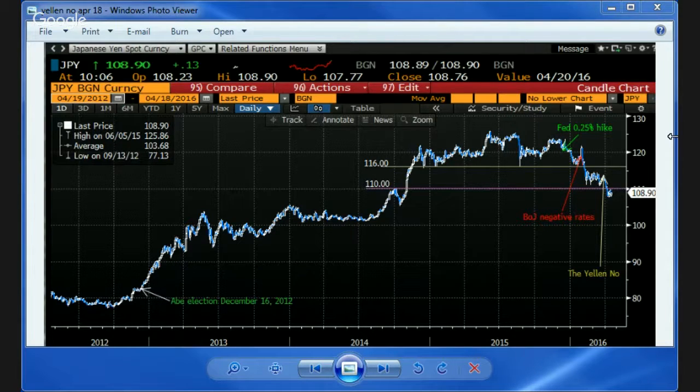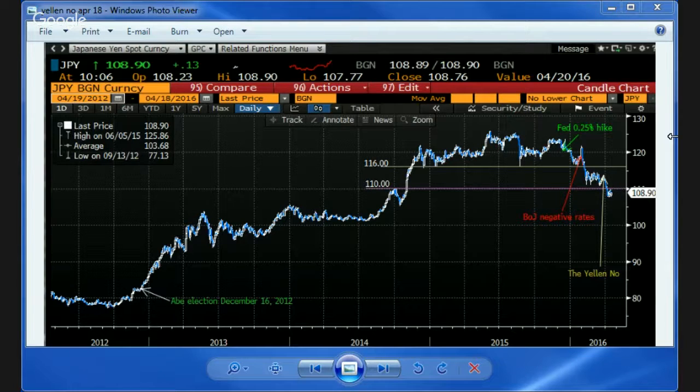So we have the BoJ hiking rates. So what does that mean for the rate picture? No rate picture is exclusively on one side or the other. From a Fed at the turn of the year, which is only 4 months ago, that was going to hike rates 4 times, the market judgment is now that it's going to raise rates no times.